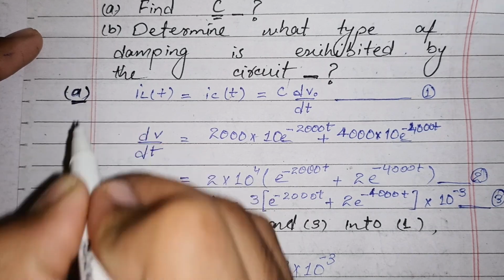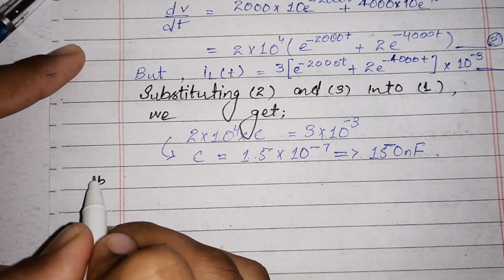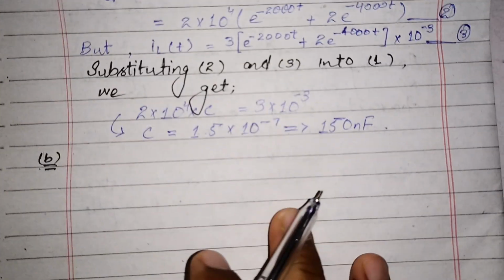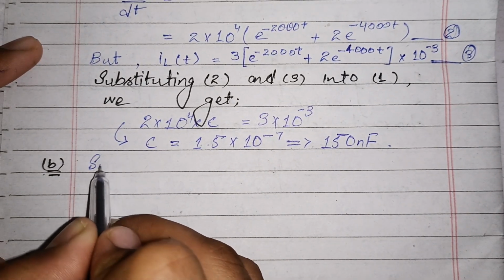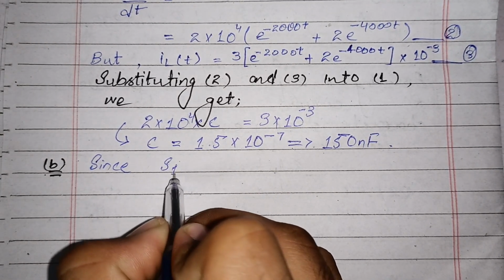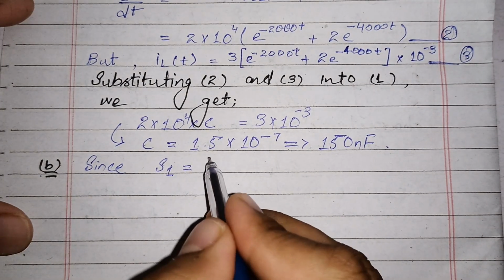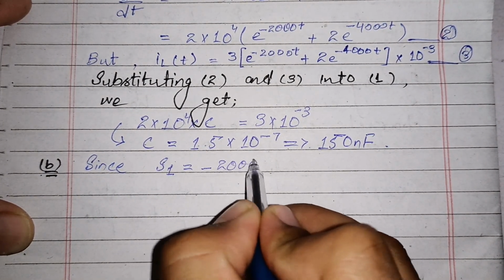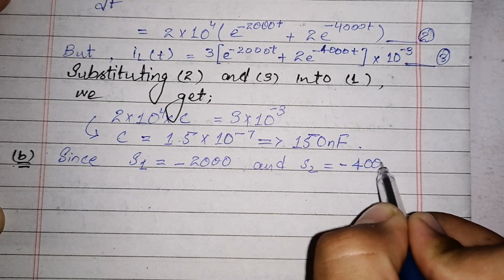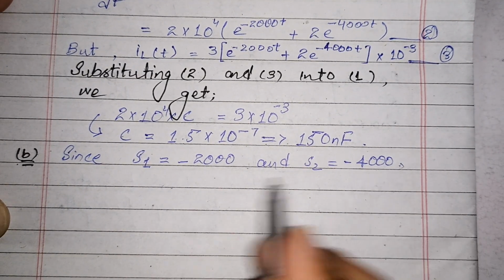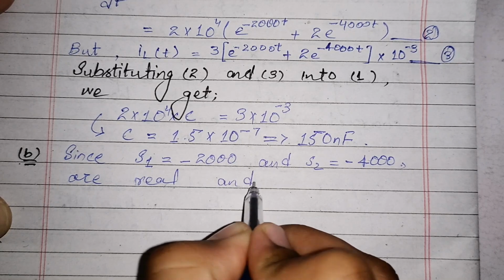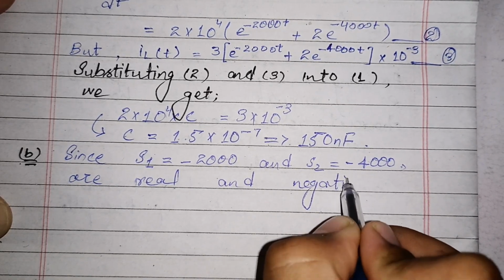A is solved. Now move towards B. Since S1 is equal to minus 2000 and S2 is equal to minus 4000, these are real and negative also.